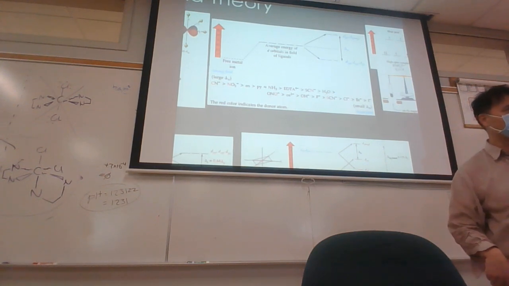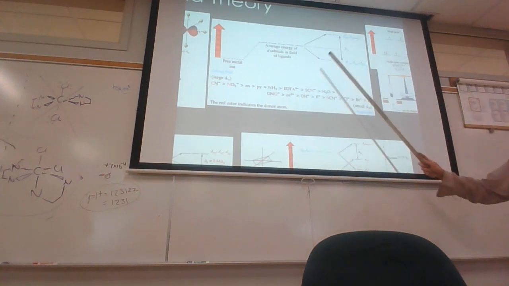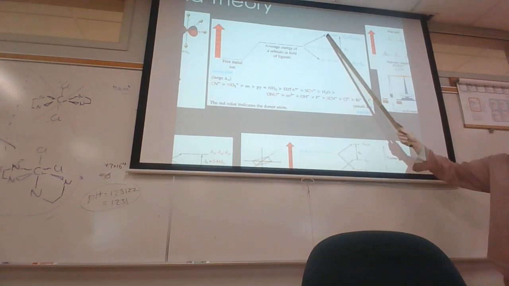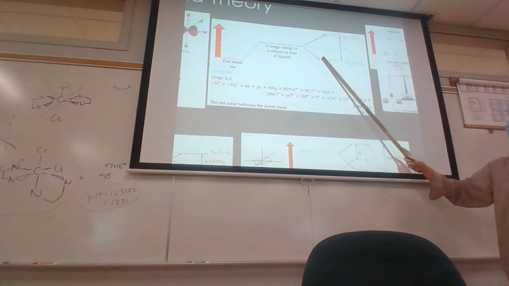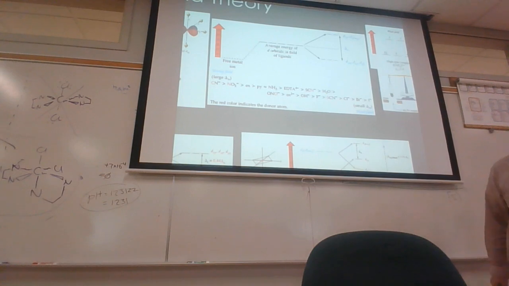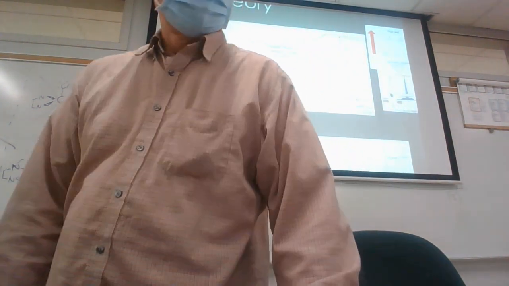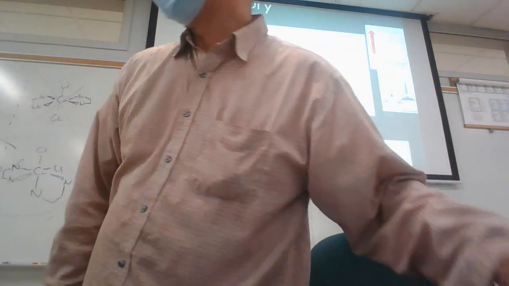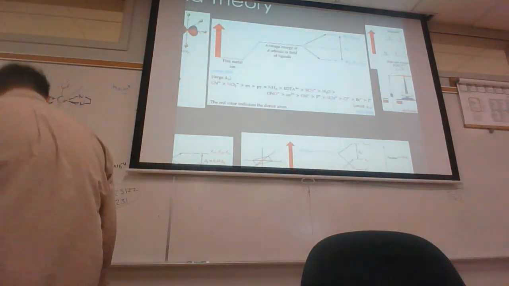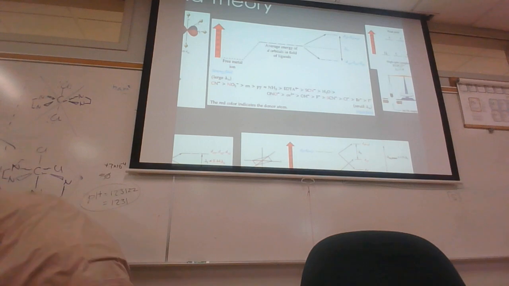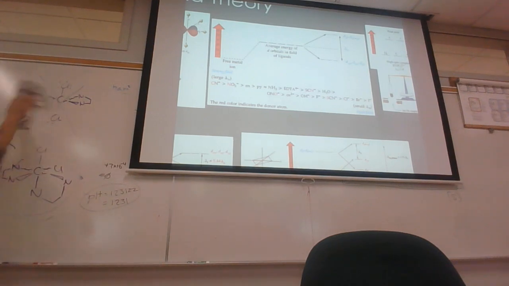Those would be higher energy photons. And a higher energy photon is going to be required if I have an electron down here and I want to promote it up here. So if something absorbs red, that would be a low energy photon versus violet, which would be a high energy photon. It gives quite a bit different color, even though we might have the same central metal.